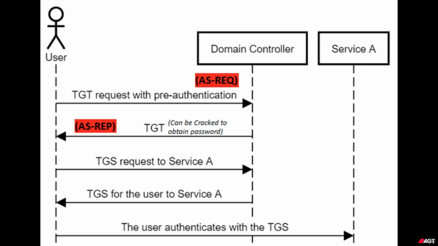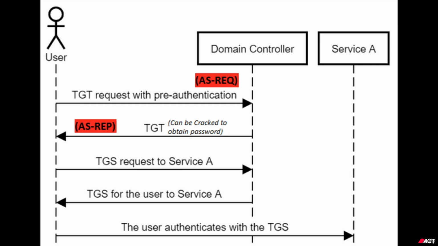So the KDC and the user are the only ones that know the password hash. Once it arrives at the KDC, it's decrypted and runs through the verification process. If it's successful, the KDC sends an AS-REP to the client, which they'll need their password to decrypt. Again, this is the normal process with pre-auth enabled, which is the default for all domain users.